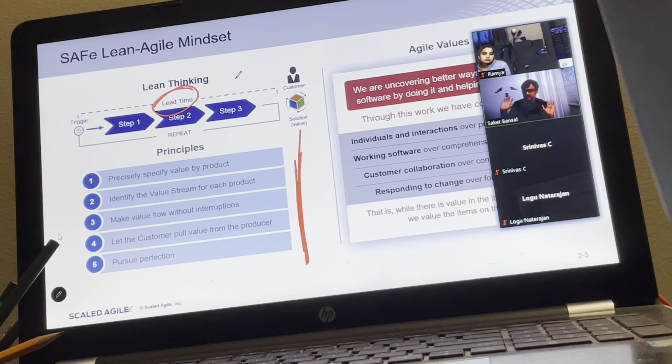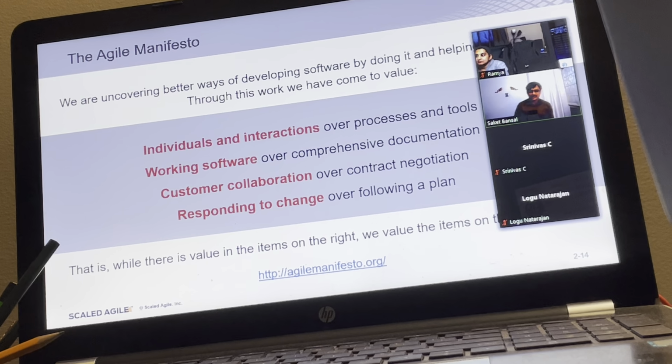In 2001, the Agile Manifesto came, and then people had different interpretations of agile. Someone says agile is a mindset, someone says agile is Scrum, someone says something else.